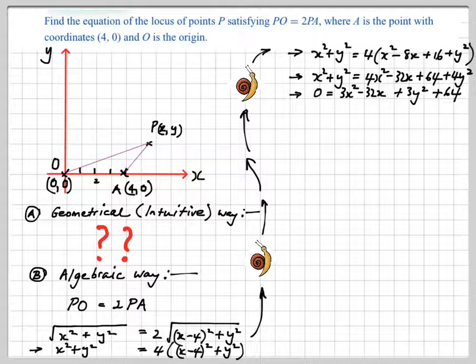Now, I'm noticing that I've got a middle term with the 3x squared, a minus 32x term there, but there's no middle term for the 3y squared. That's all you get for the y squared. So this is telling us that we have to complete the square with the x squared situation.